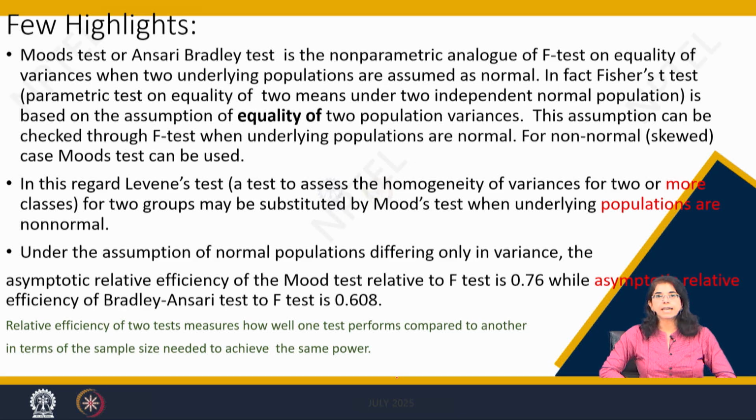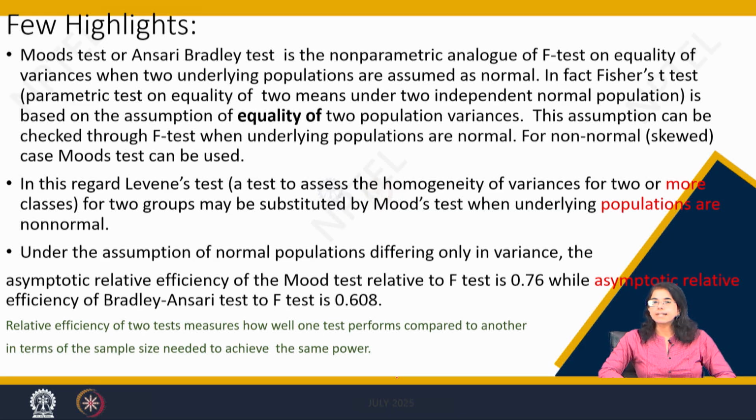This assumption can be checked through F-test when underlying populations are normal. F-test means you have to see whether these population variances are same. So under normality assumption, you can make a check through F-test. But if your populations are not normal or skewed, in that case, mood test can be used for checking the equality of two population variances.